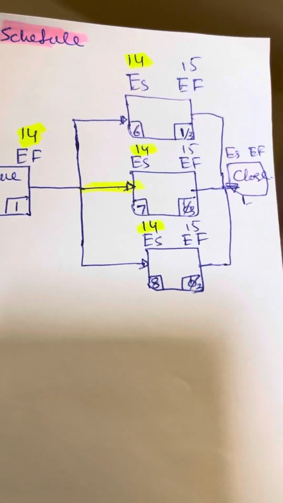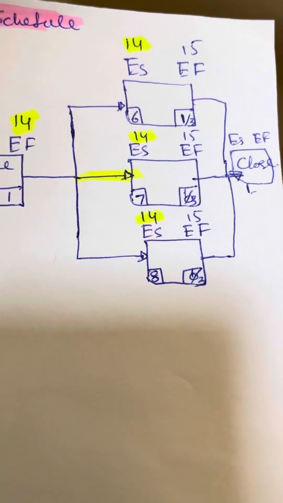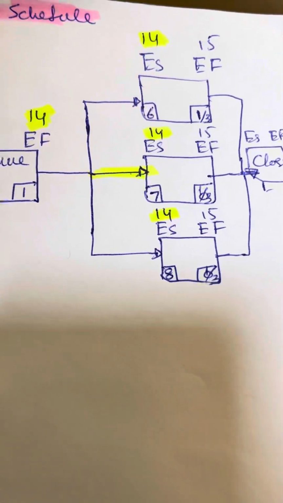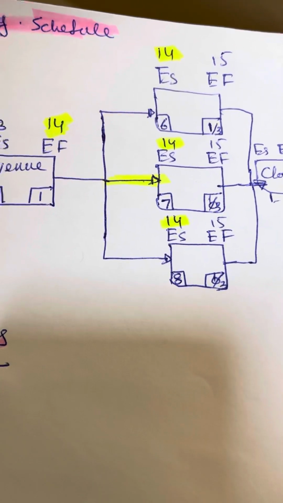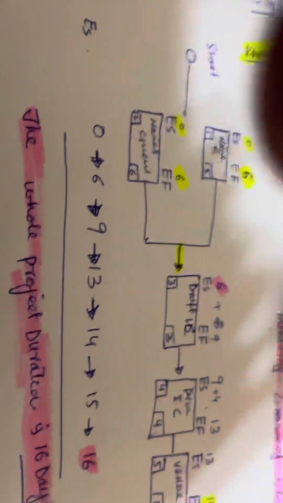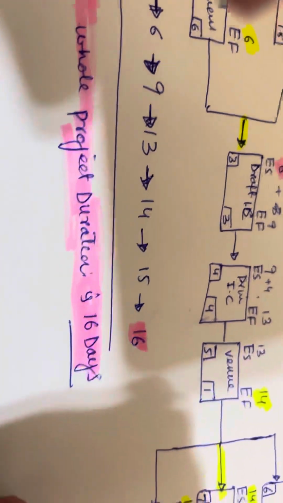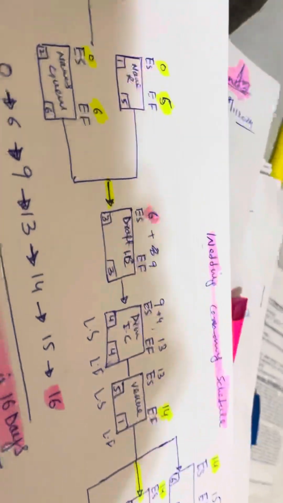Remember, 15, 15, 15. So you can write down below the box latest start and latest finish. So it's not a big project.